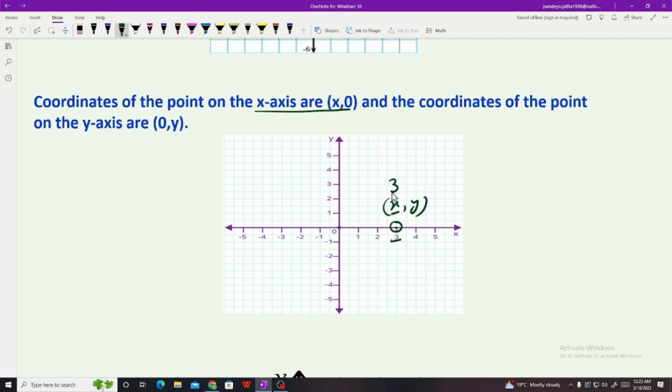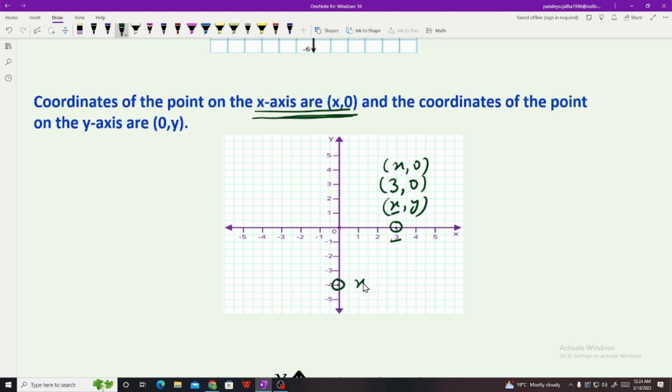So the x coordinate is 3, and the y coordinate is the distance of the point from the x-axis, and since the point is on the x-axis, the distance is 0. So the y coordinate will be 0. That is the reason we say that when the point is on the x-axis, the coordinates of that point will be x, 0.